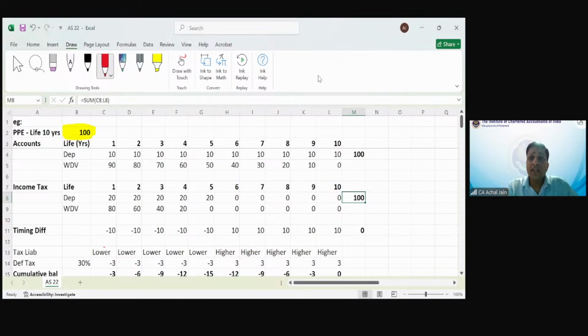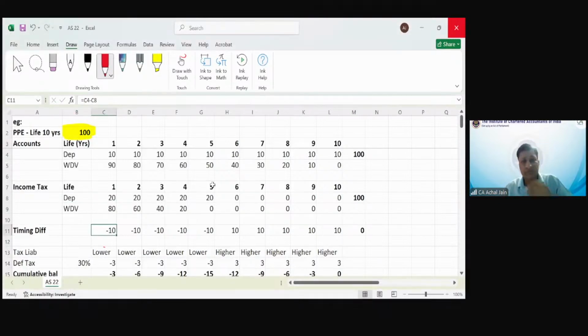Is that possible? No, that is the same. So over a period of 10 years, whether it is books or income tax, at both places my depreciation amount remains the same. Correct?